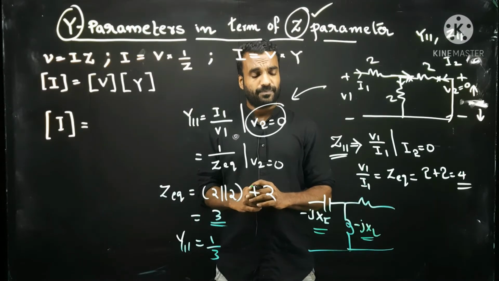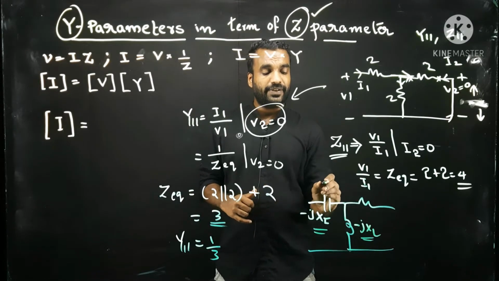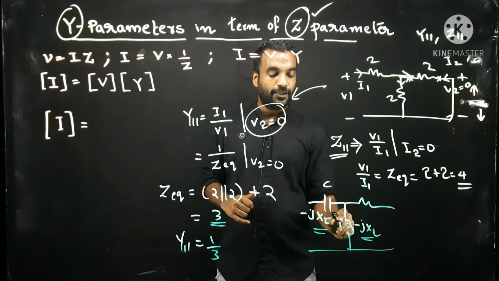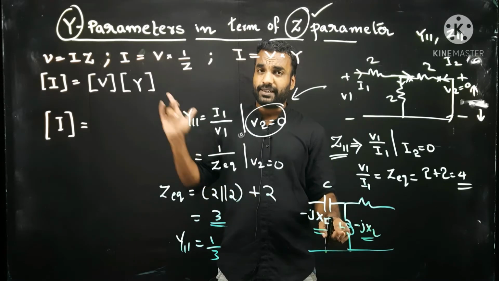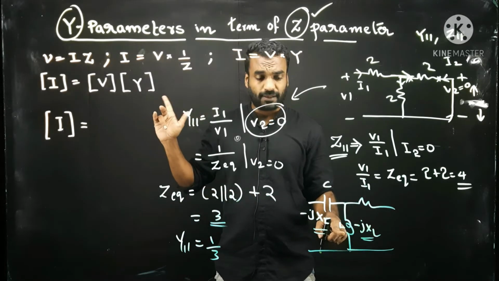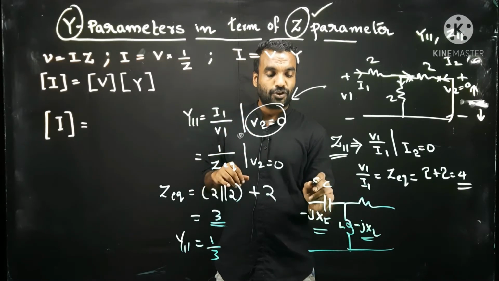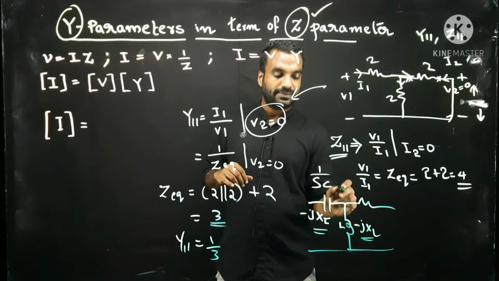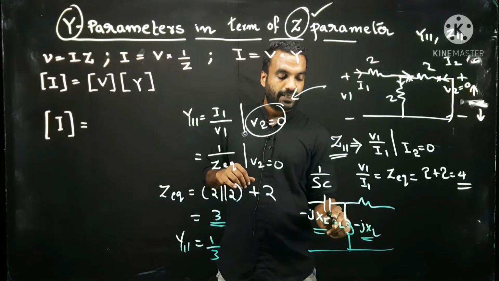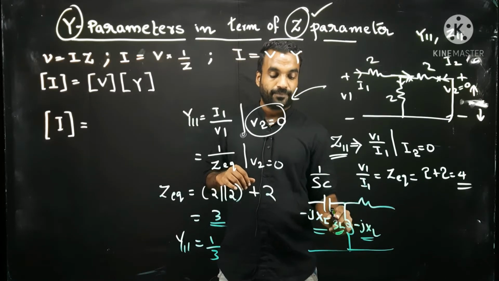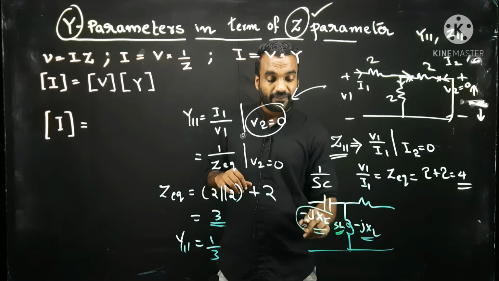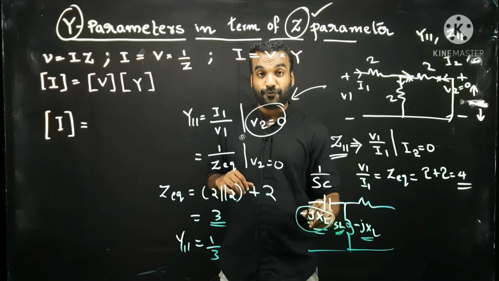In some problems, you may be directly given C value, L value. In that problem, we already did one problem in Z parameters. In such a problem, you can convert into the S domain, 1 by SC, S into L, that will be better. In some other problems, they will be directly given in reactance form.